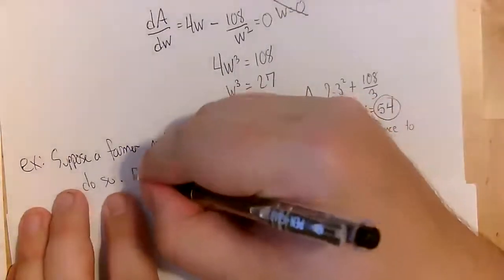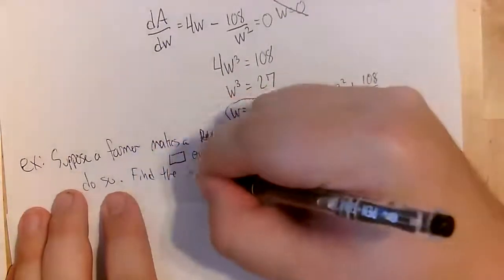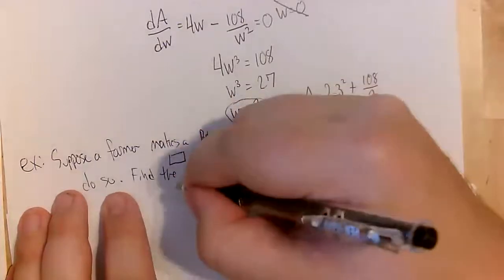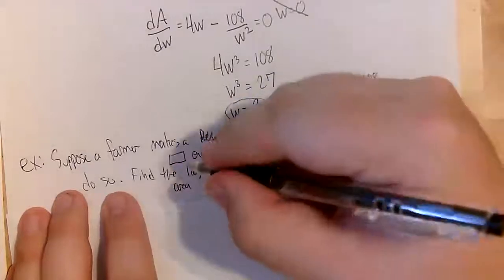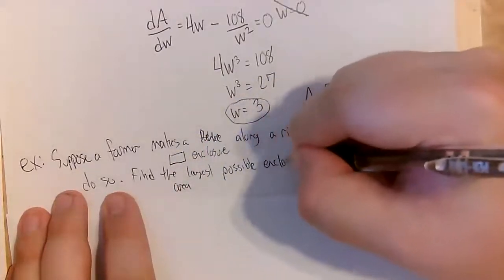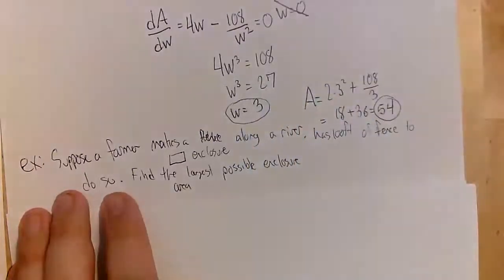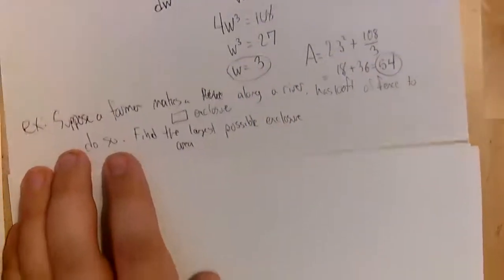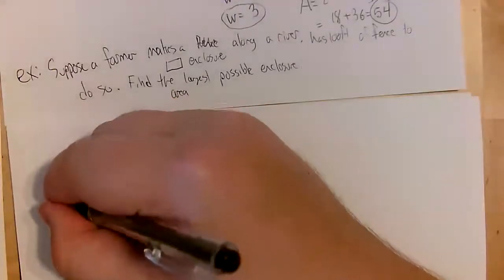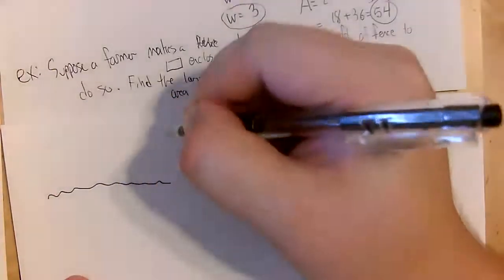All right. Find the area, excuse me, of the largest possible enclosure. All right, so again, they're not asking for the dimensions this time, they're asking for the area. All right, let's go ahead and draw a picture. So that's step 1. Let's imagine that our river is right here.